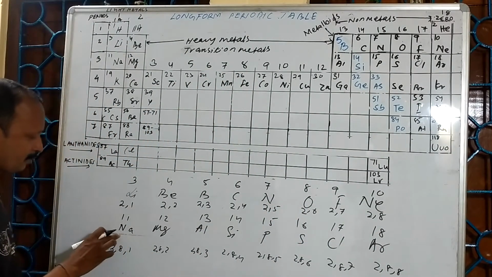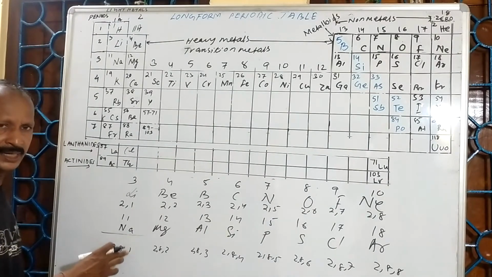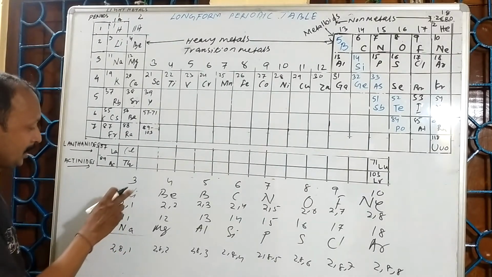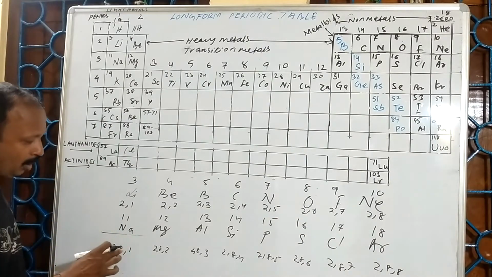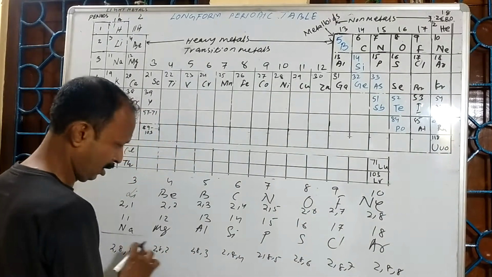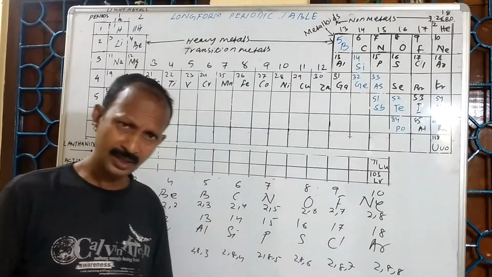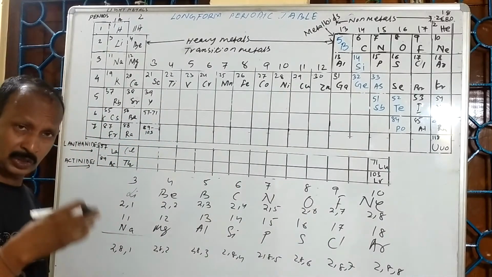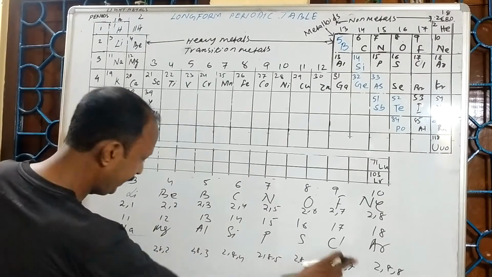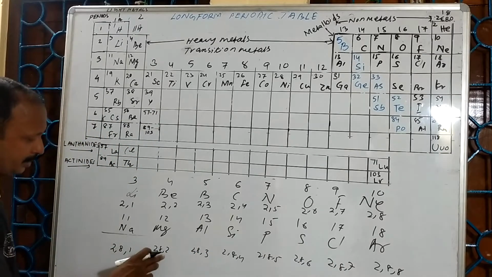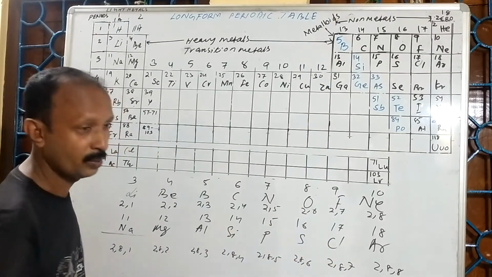Similarly, if I move from sodium, here also the valence electron is 1. Here the atomic number is 11, and the number of orbits is 3. All those elements written here contain 3 shells. But the number of electrons in the outermost shell increases from left to right: here is 1, here is 2, 3, 4, like this.